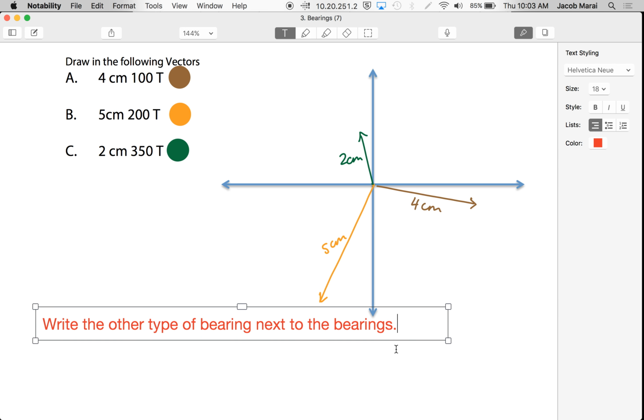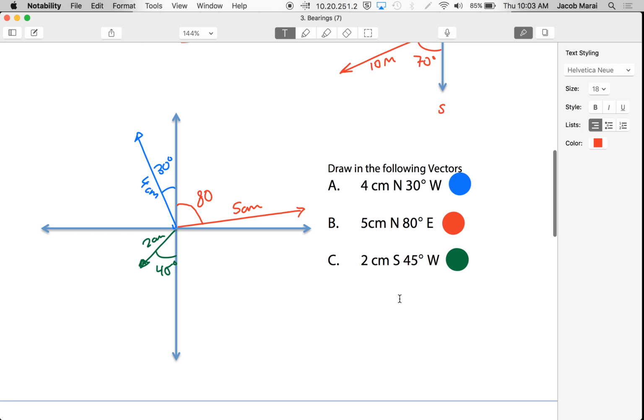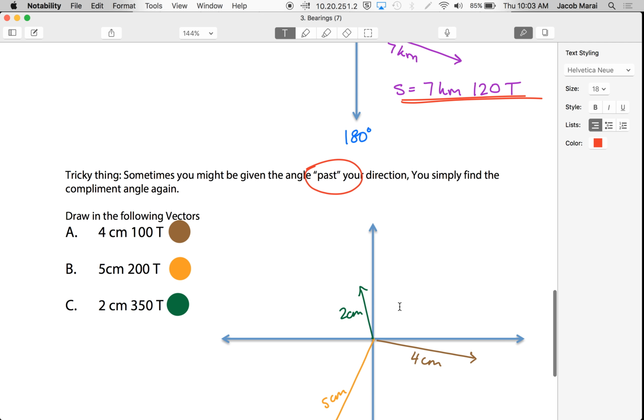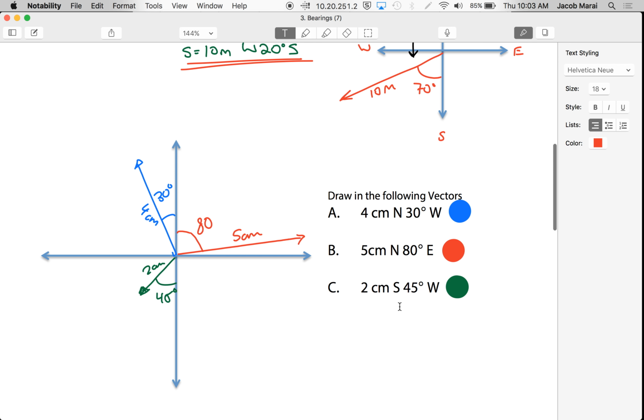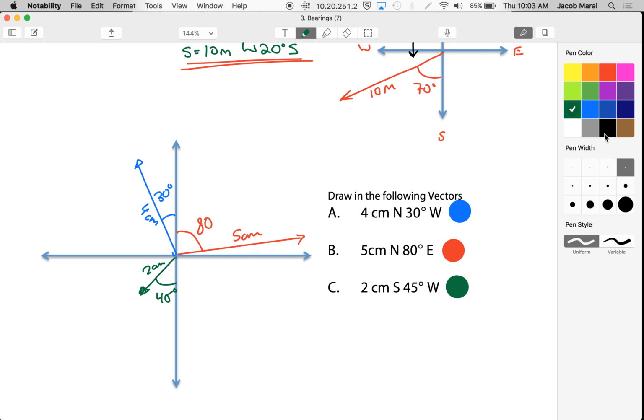So, on the conventional bearing page, I'd like you to write the true bearing next to it. And on the true bearing page, I'd like you to write the conventional. Okay? So this one here, ooh, geez, what are we doing? Make me think. North 30 west. Well, that's going to have to rotate 330 degrees, I think. Okay, that's what I want you to do.